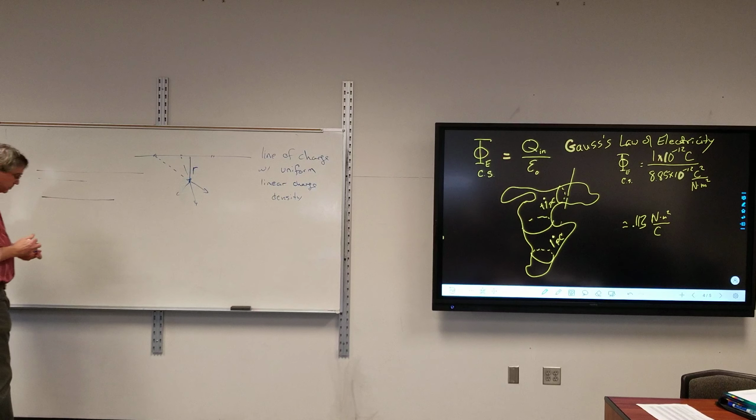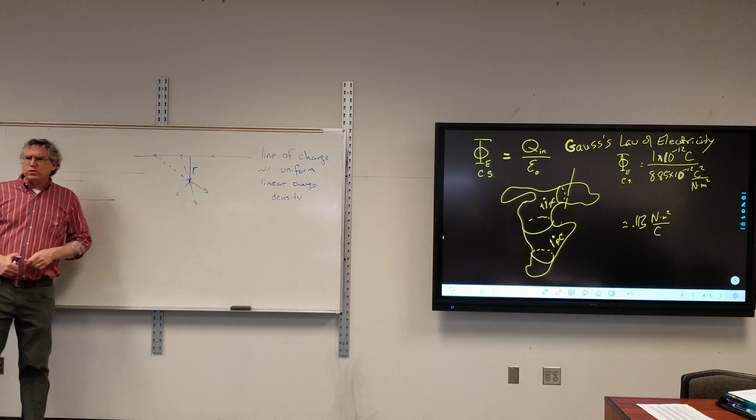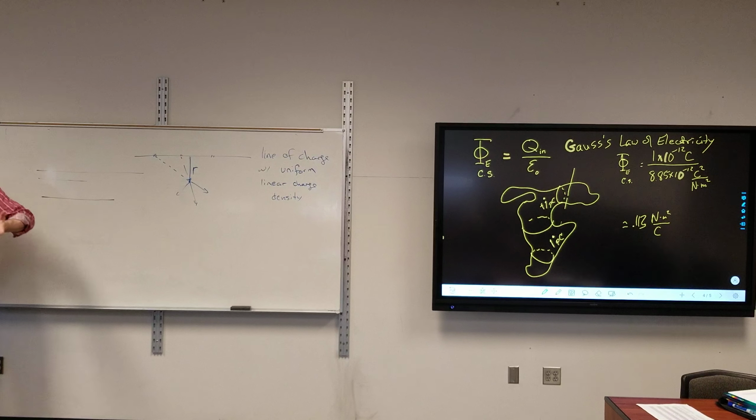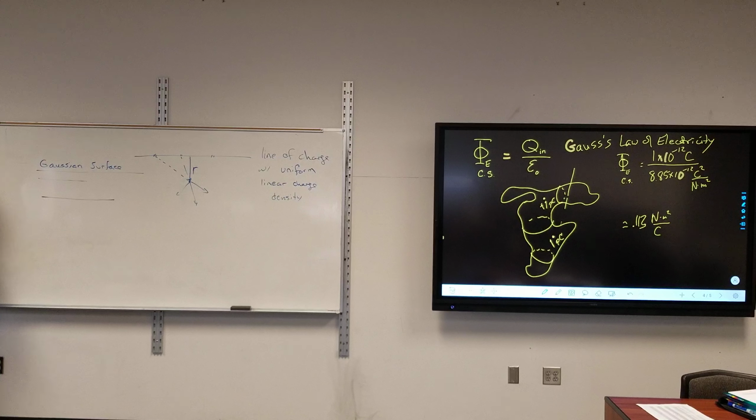So with Gauss's law, I'm going to create a fictional closed surface. This closed surface does not actually exist. It's known as a Gaussian surface. A Gaussian surface is just a virtual, make-believe surface that is used for convenience.